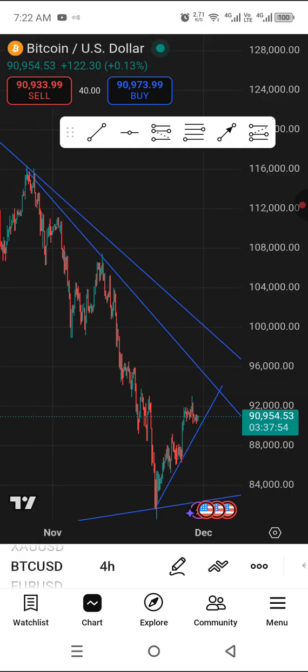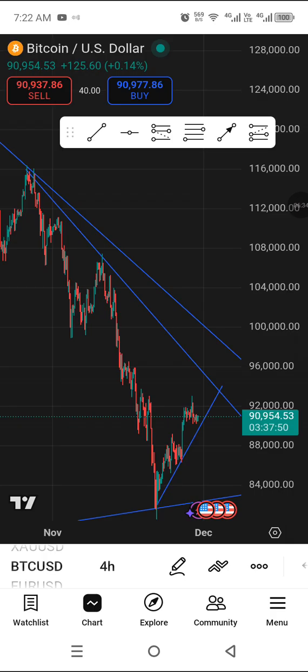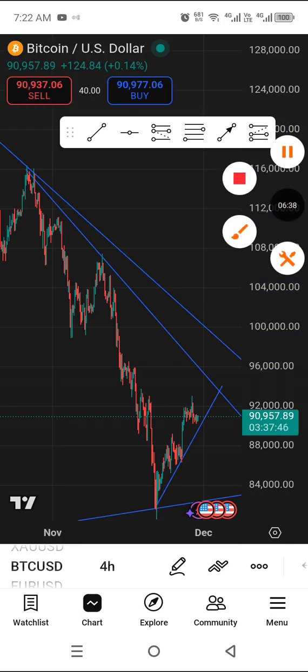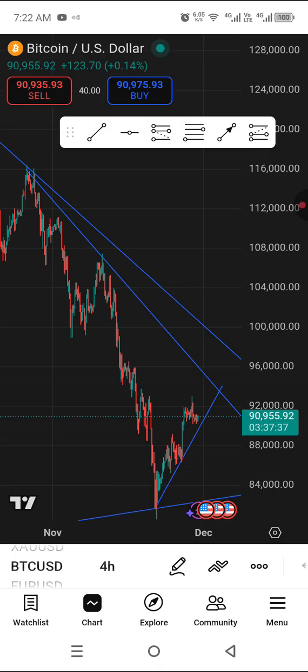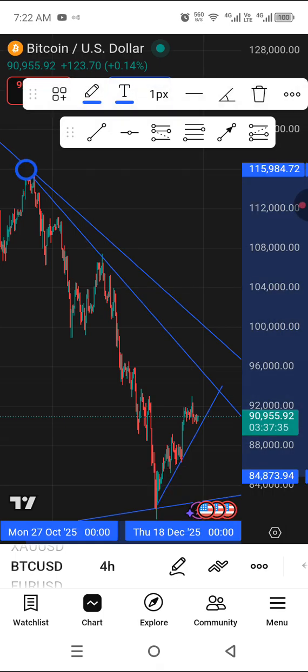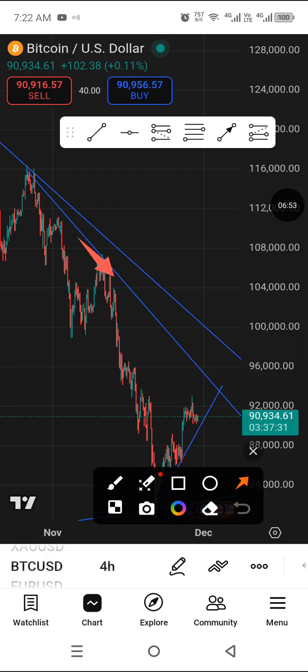Our two trend lines which were on the 1-day time frame, let me show it to you, which is this one and this one, are on the daily time frame. On the 4-hour time frame, this one here was the latest, the lower one.